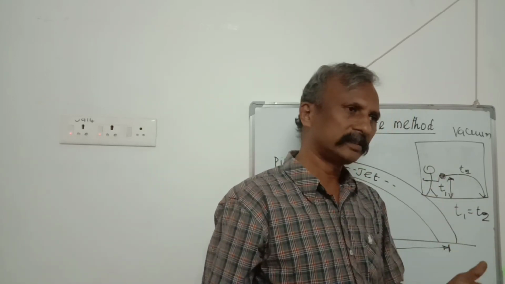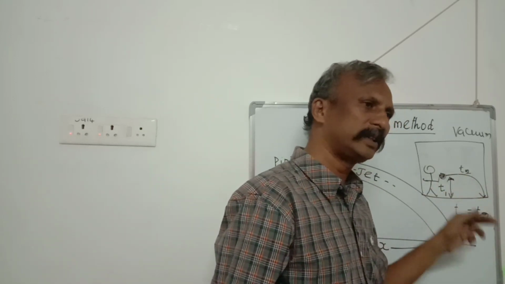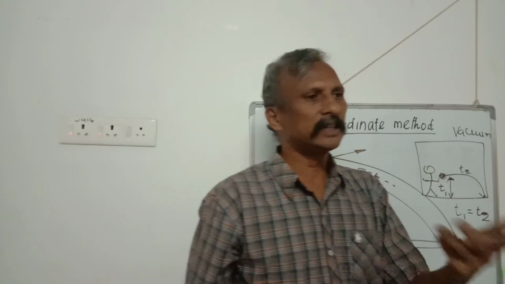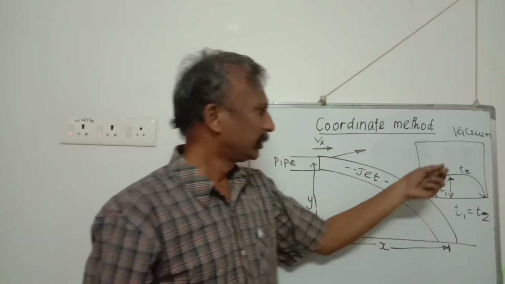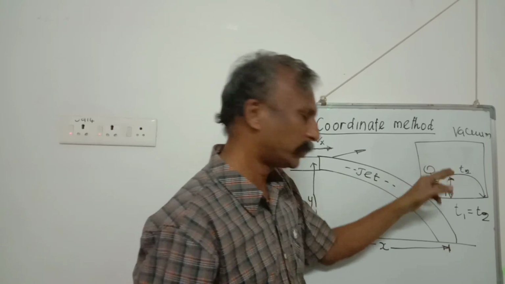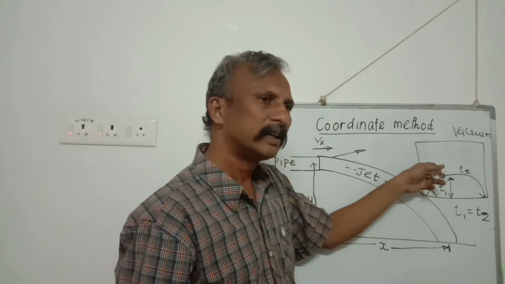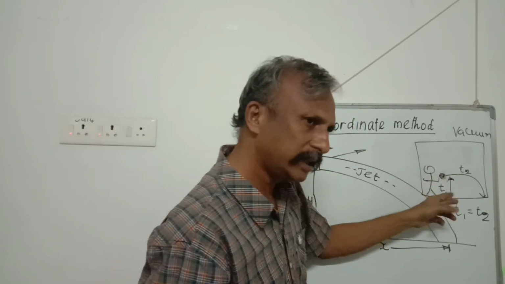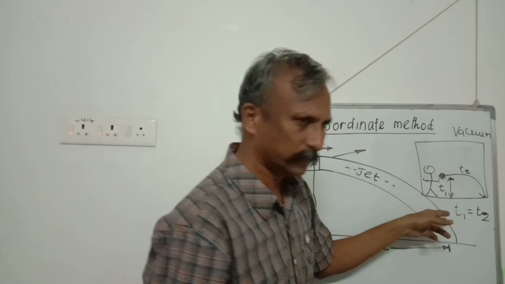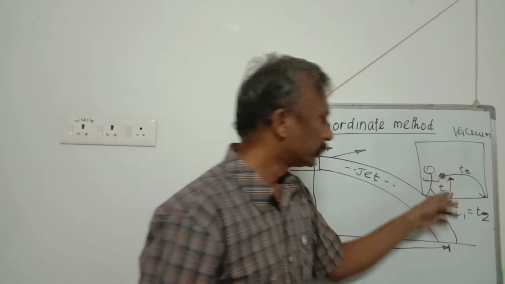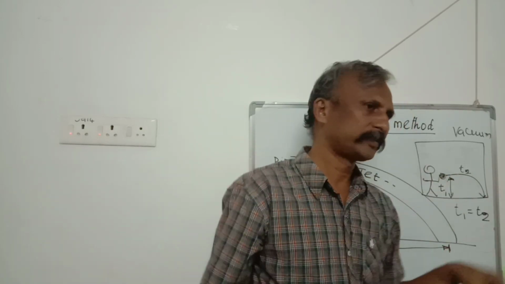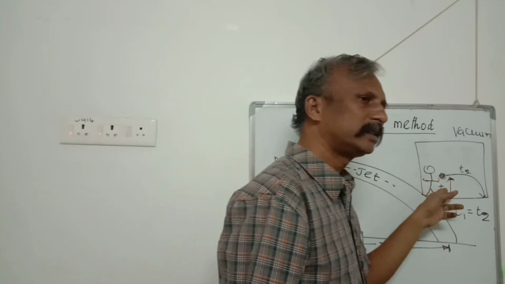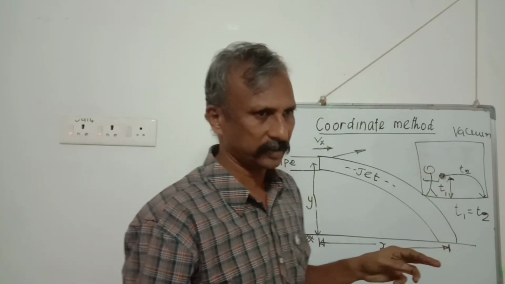The velocity increase will depend on the gravitational acceleration. So the gravitational acceleration is the only cause that is causing the body to fall down. So g is constant in this case. Let us assume that it takes time t1 for this case.